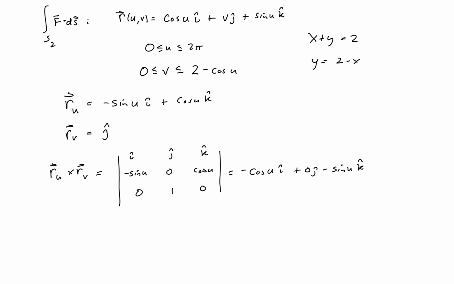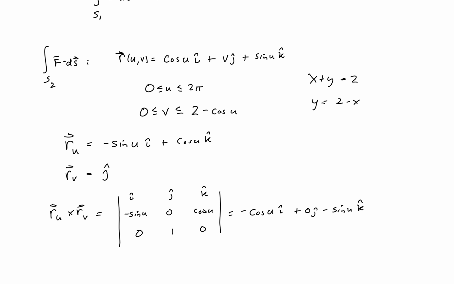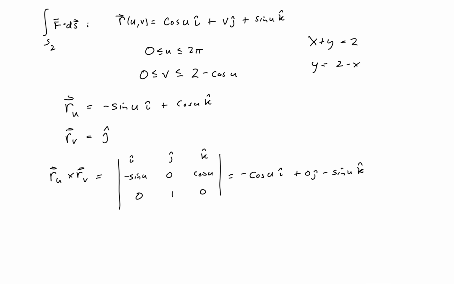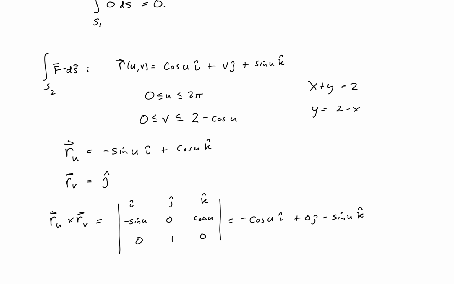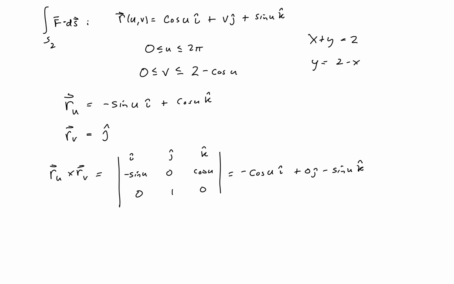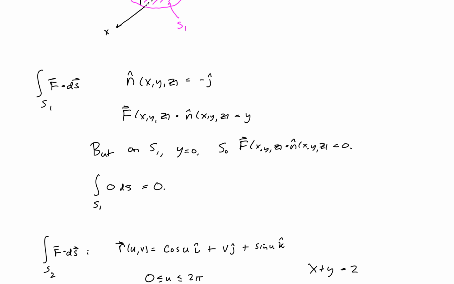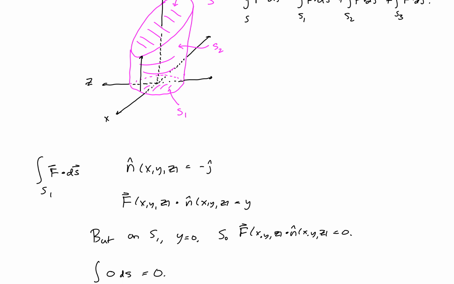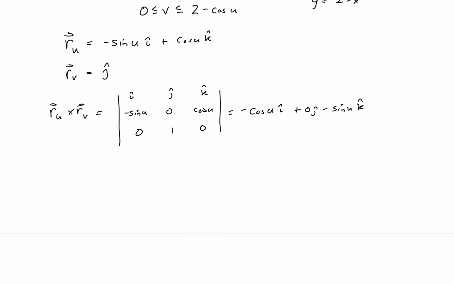And notice that's going to be the wrong orientation because those are pointing towards the origin. We can see that by thinking, okay, if we take u equal to 0, this is going to be pointing in the x direction, inward towards the y-axis. So we want the negative of this. So we want r_v cross r_u, which is cosine u i plus sine u k.